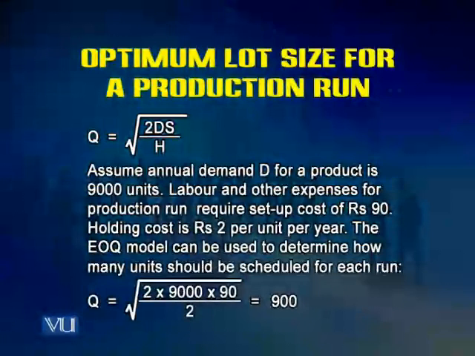Q is equal to the square root of 2 times 9,000, the demand D, times 90, the setup cost S, over 2, the holding cost H. All of this is under the root, and this gives the answer of 900. So 900 would be the most economical batch size for the example we have just seen.